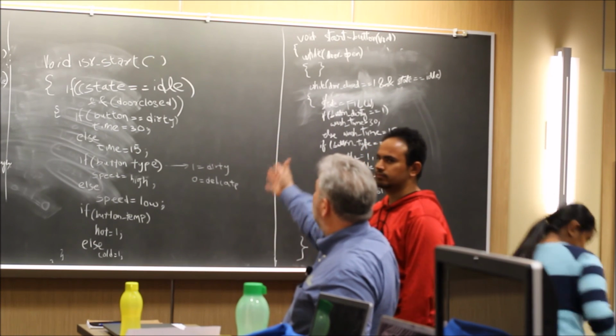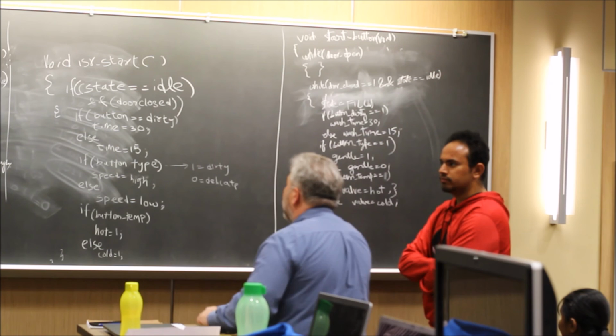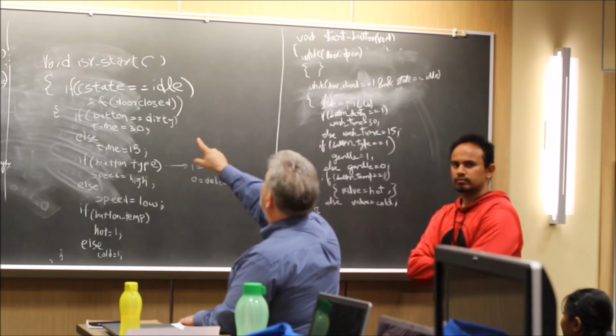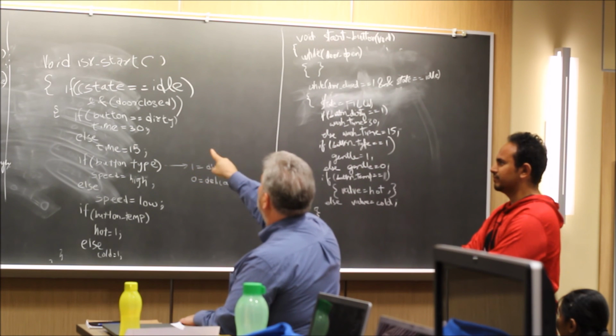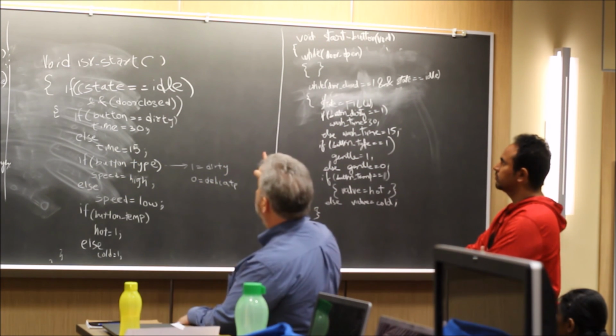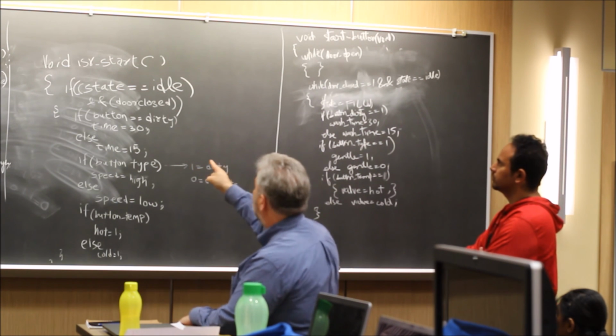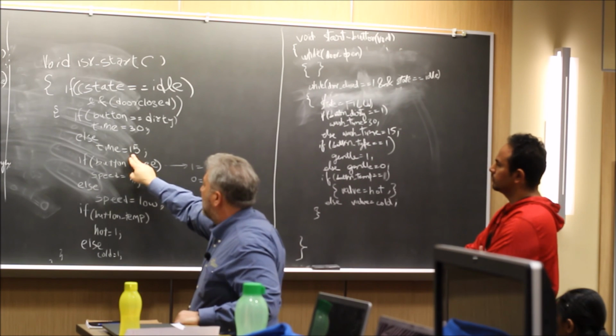All right, let's look at this one right here. I believe it could be viewed on here. All right, ISR start. If state equals idle and door closed. All right, that seems reasonable, right? And then you're going to say, all right, if button is equal to dirty, time is equal to 30, else time is equal to 15.